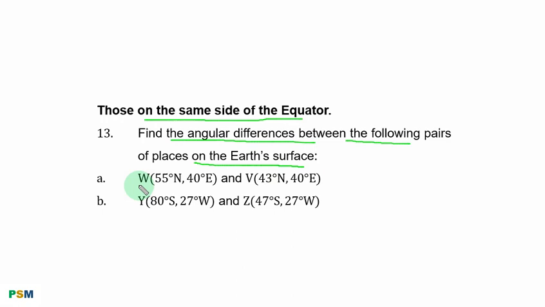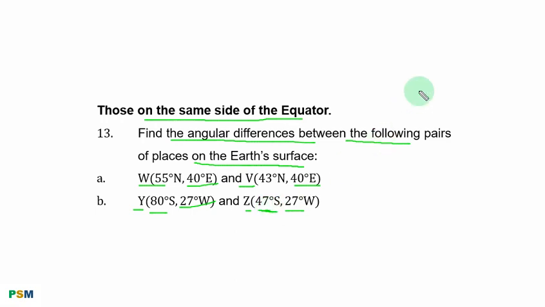A, you have points W and V, the same meridian, the same side of the equator. B, you have points Y and Z, the same meridian, the same side of the equator.